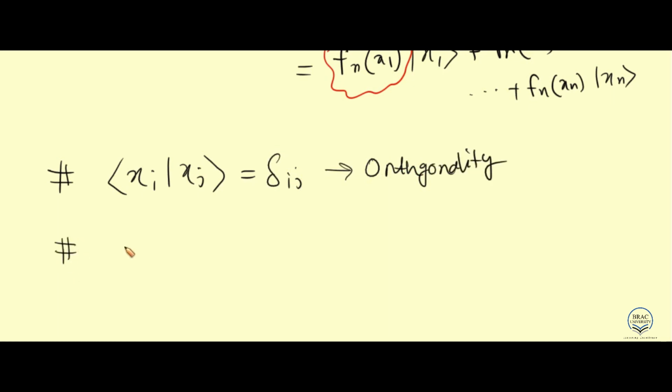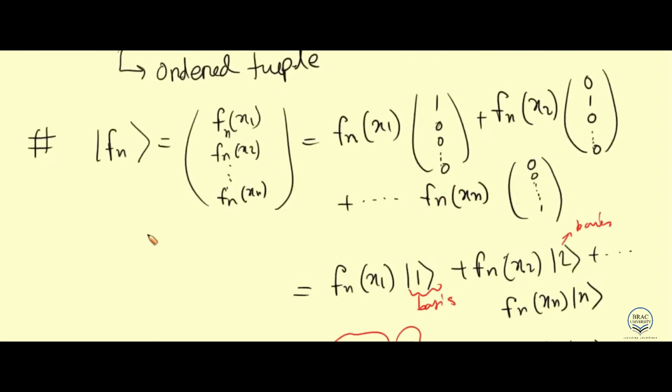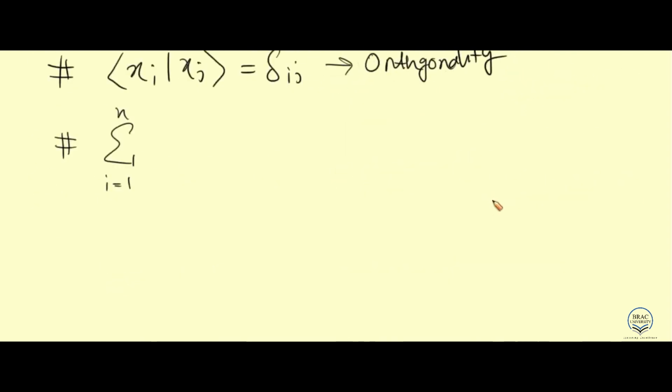And also the completeness relation that we saw for finite dimensional space, since at first we are cutting the function into n subintervals, like you can see in this graph, our completeness relation will be this.